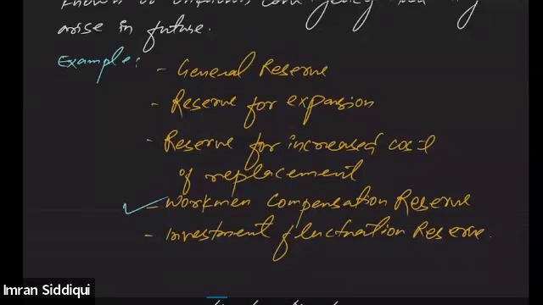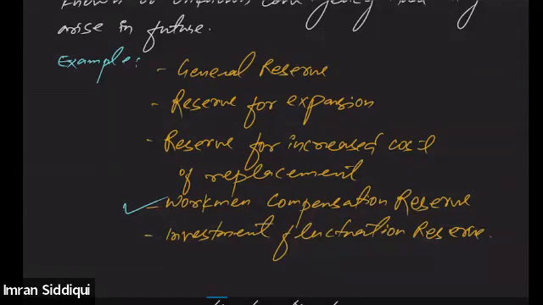Let's suppose there is some accident in the working area because of which one of the workers gets injured. So in order to compensate the worker who got injured at the workplace, we make a reserve. So that kind of reserve is called workman compensation reserve.